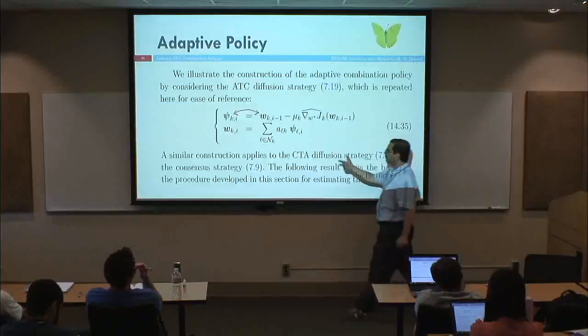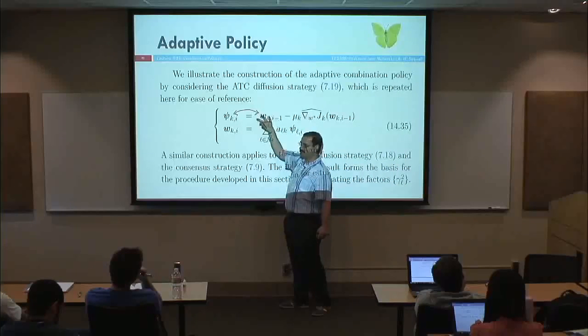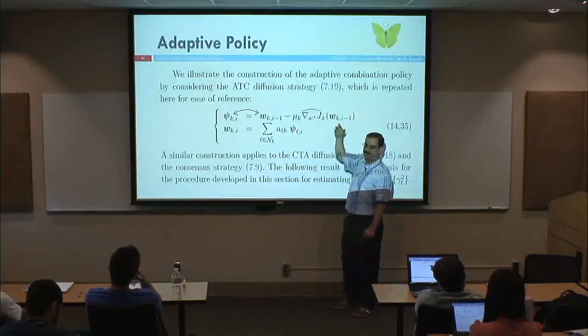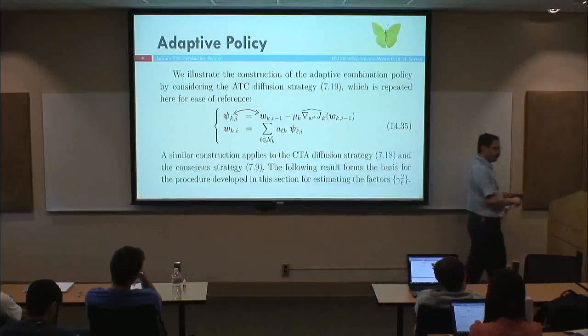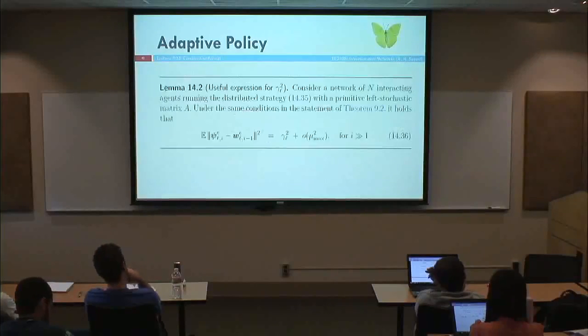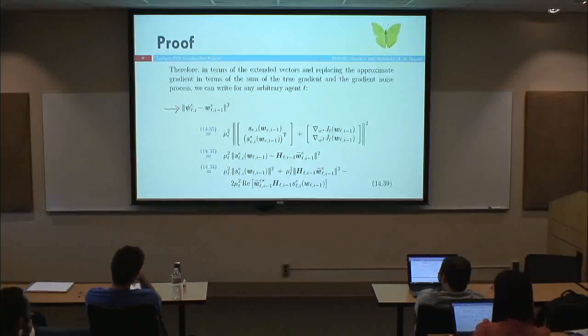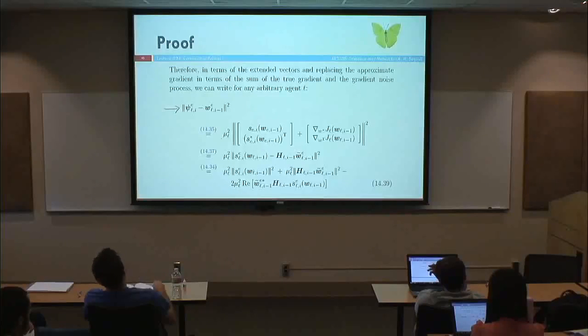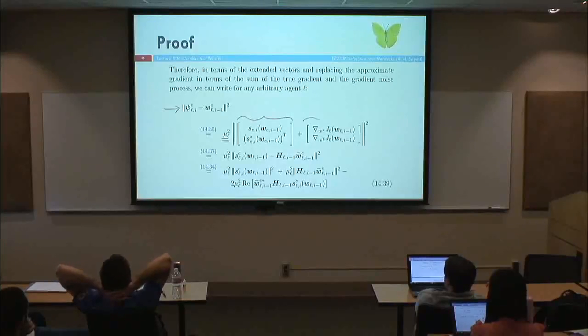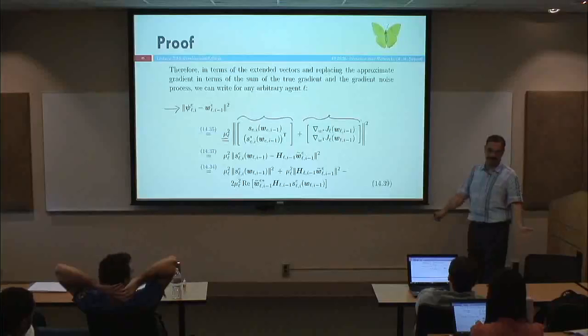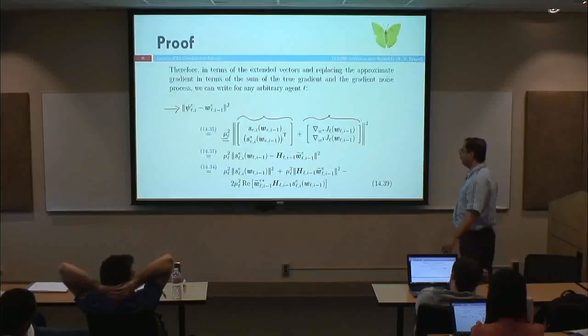So this difference squared is mu times the true gradient plus the gradient noise, squared. So that's where this expression that you see on this page came from. I'm writing it for node L: the step size squared, and you see here the gradient noise plus the true gradient. And because I'm dealing with complex data, they are all extended. That's all, okay?